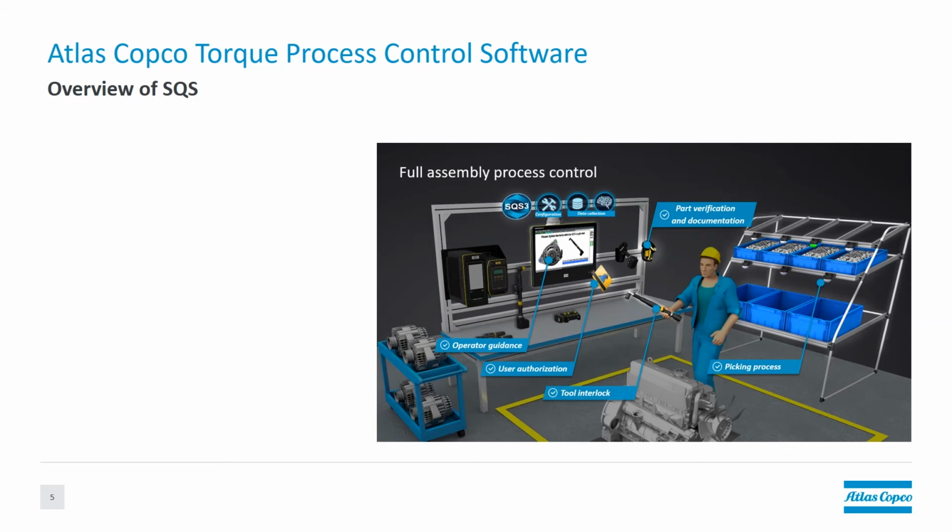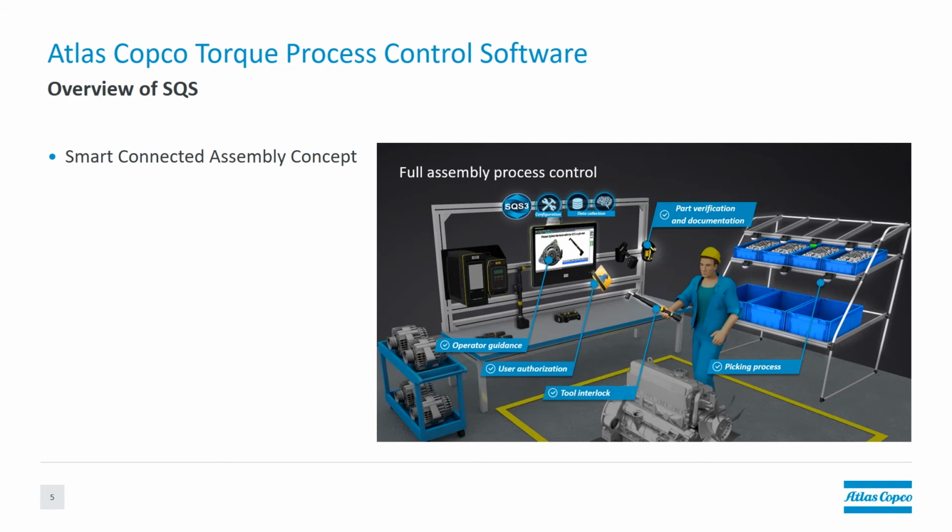Now we're going to take a quick overview of SQS. Smart Connected Assembly Concept. With our Smart Connected Assembly concept, which combines hardware, software, and smart accessories, you maintain quality control in complex production systems and increase uptime in production for critical operations.